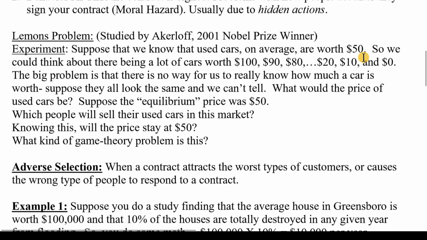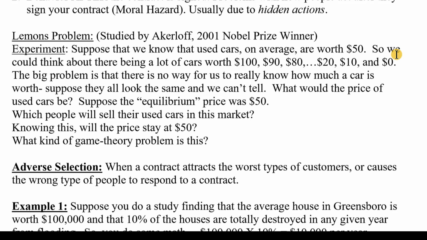Not all cars are worth $50 a piece, right? Some will be worth less, some will be worth more. So there are going to be some cars worth $100, some worth $90, $80, $50, $40, $10, $20, and some used cars out there may actually be totally worthless, worth zero, right? Here's the problem.